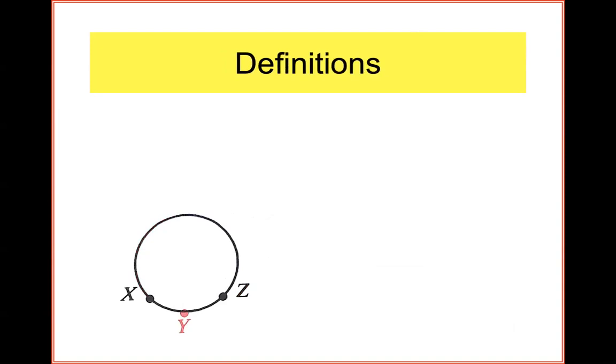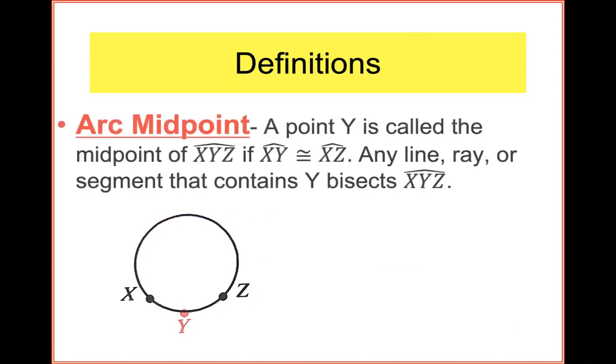All right, here's an easy one. Look at the red point right there, point Y. If point Y is in the middle of minor arc XZ, well, then we're going to call point Y an arc midpoint. Three statements, right? The first statement is Y is going to be the midpoint. This is a definition, not a proof. Y is going to be the midpoint of arc XZ.